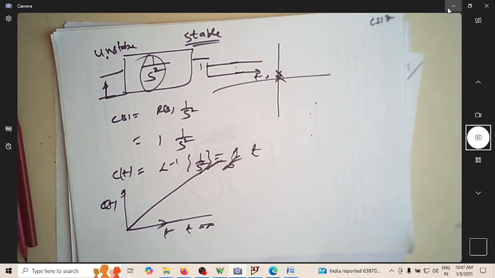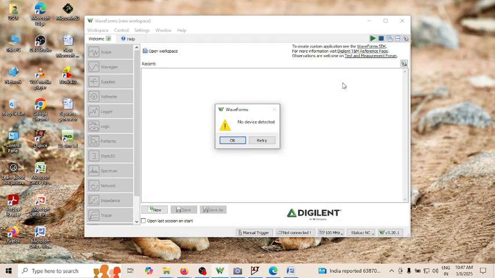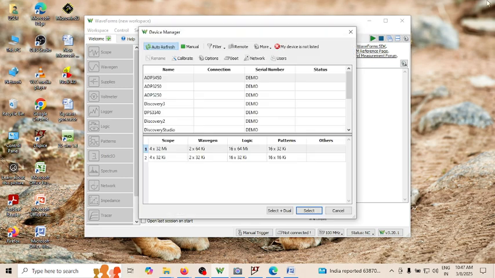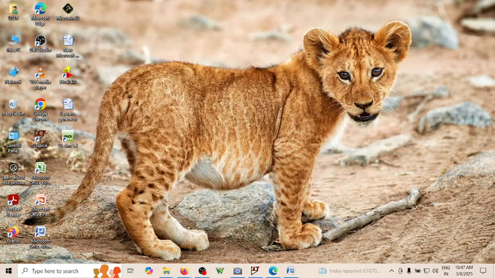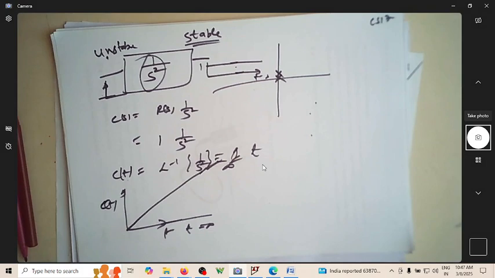So that's why we are so much interested in finding where the poles are. We are just looking at what happens to your pole position. Suppose the pole position keeps on changing, what is the system stability?